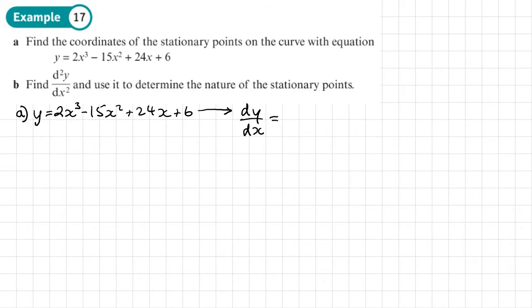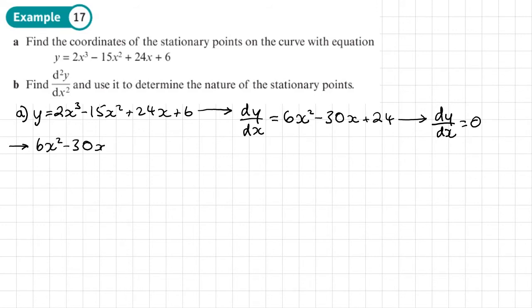If we differentiate that, we'll get 6x squared minus 30x plus 24. At stationary points, we will have dy/dx equals 0. So we set 6x squared minus 30x plus 24 equal to 0.